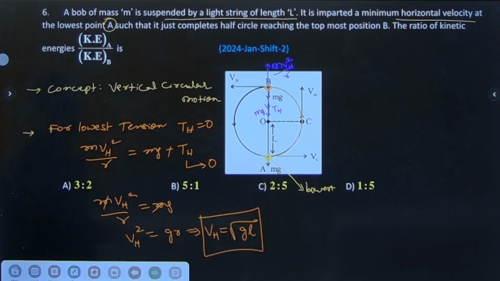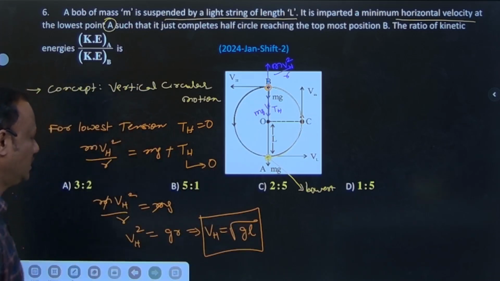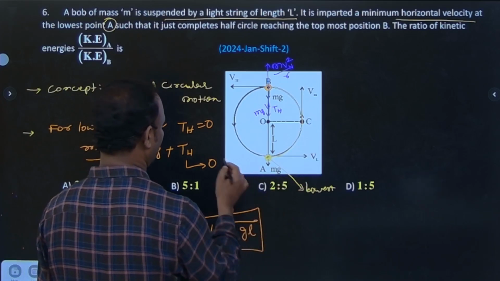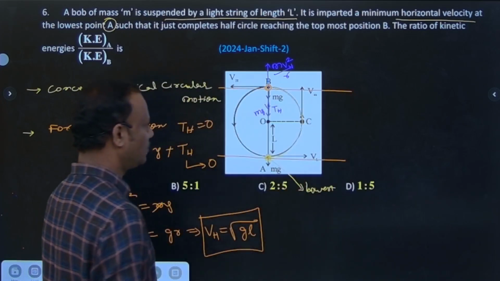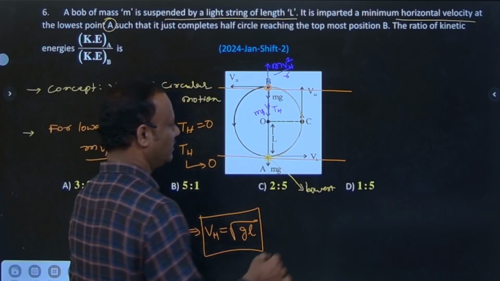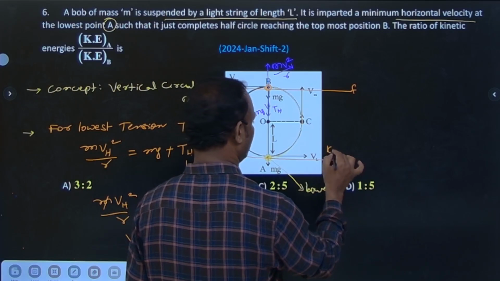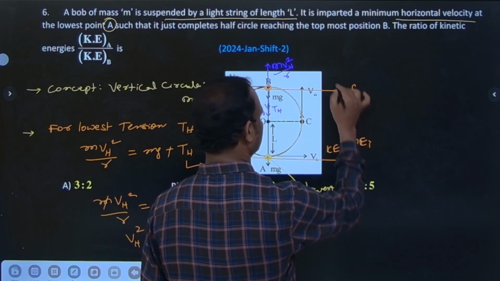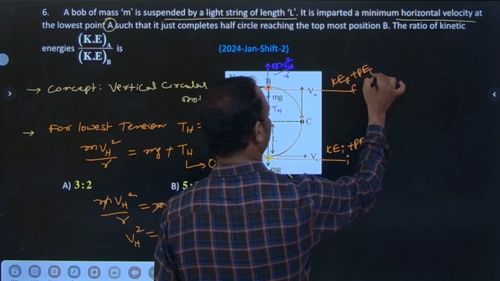So from this, the velocity at the highest point is under root of gL or gr. What is the velocity at the lowest point? We can apply the law of conservation of energy. Total energy at initial equals total energy at final: kinetic energy initial plus potential energy initial equals kinetic energy final plus potential energy final.